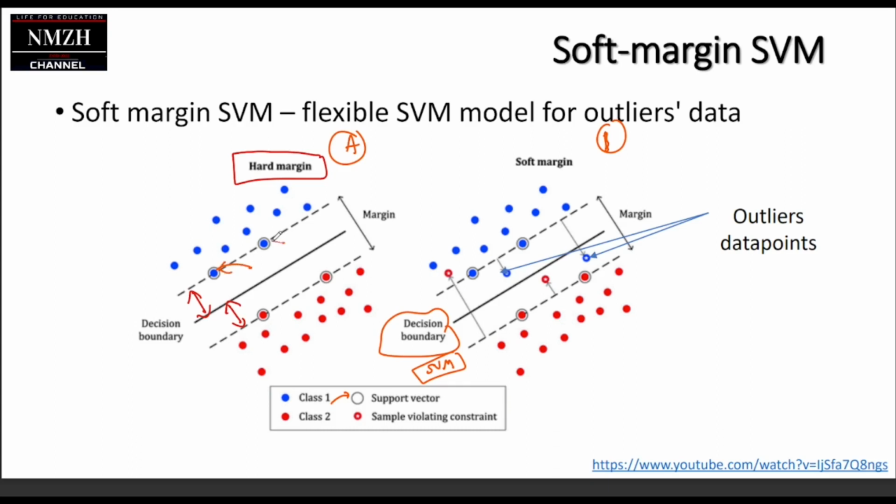This is a support vector, SV. So this one is a support vector, this one too. Okay, so sample violating constraint.